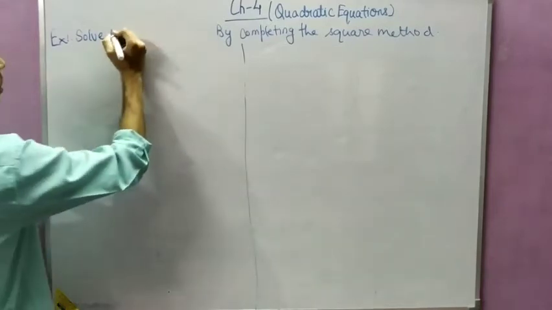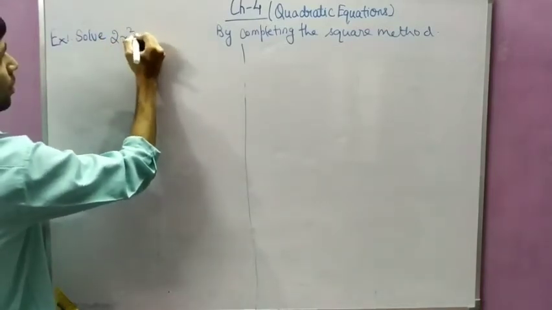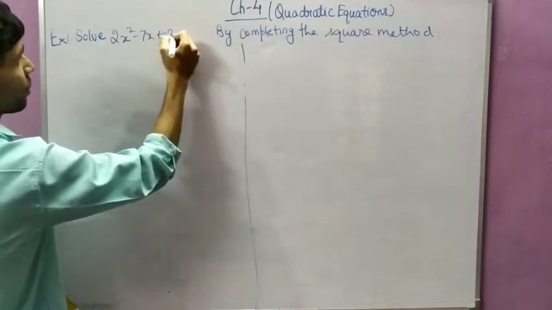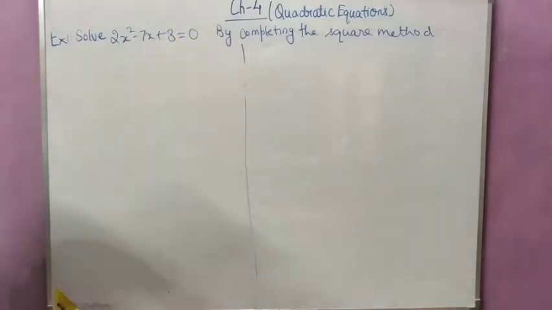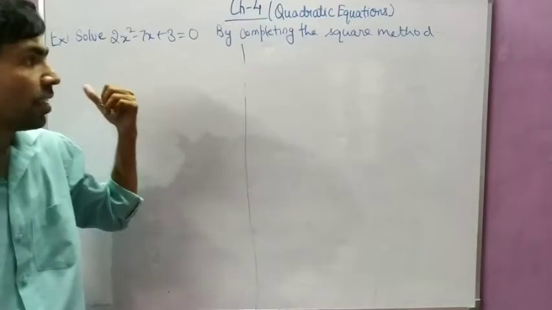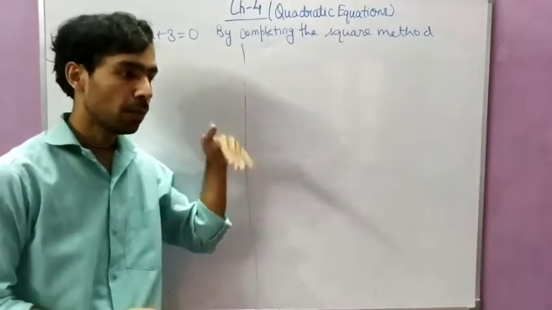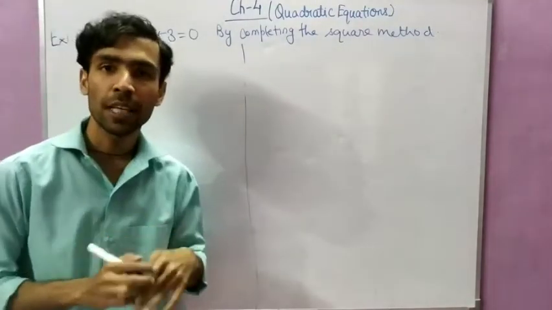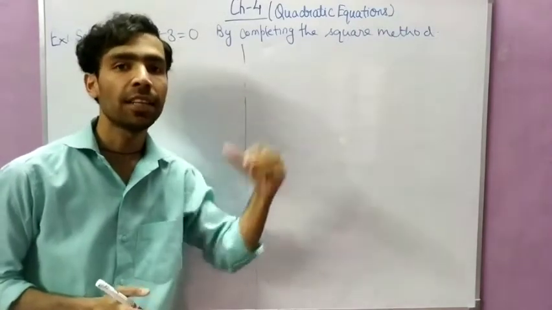Suppose this is the question. 2x square minus 7x plus 3 equal to 0. We have to solve this question by completing the square. Listen, students, whatever question I had written just before this was the same as the previous question, so that's why I have erased it.